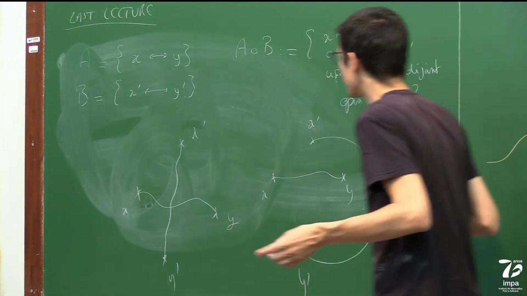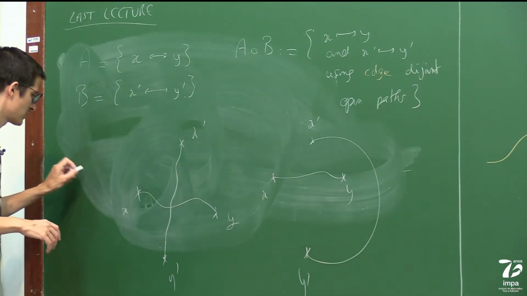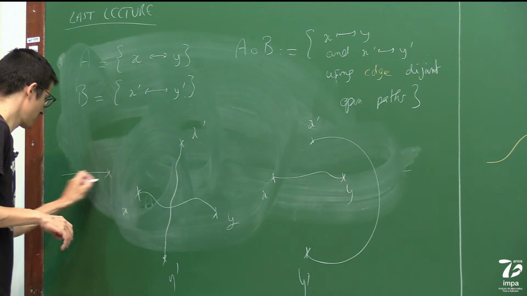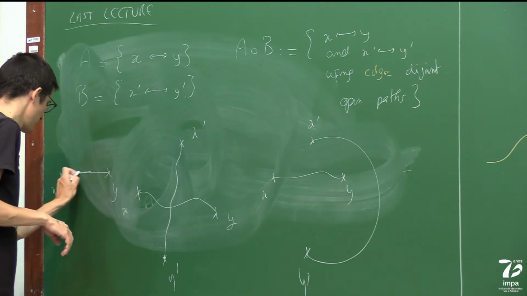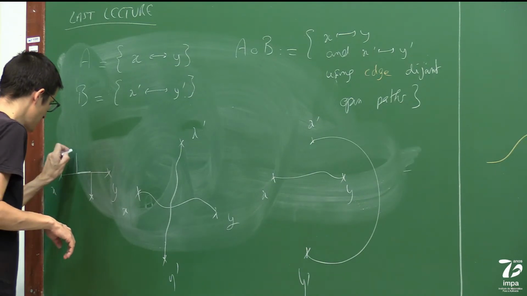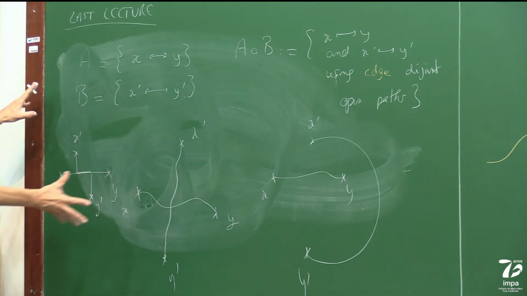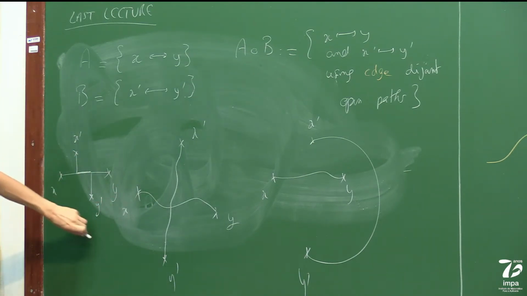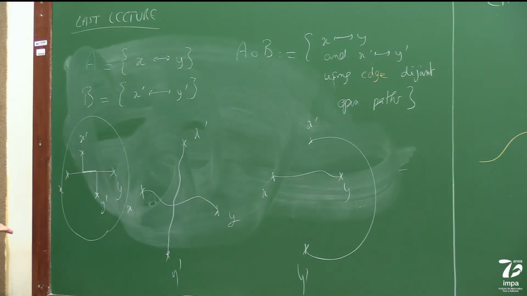But for instance, if I have a configuration where I have just x, y, x prime, y prime, and only closed edges around, then A circle B is not satisfied, because I cannot find two disjoint paths, one linking x prime to y prime and one linking x to y.